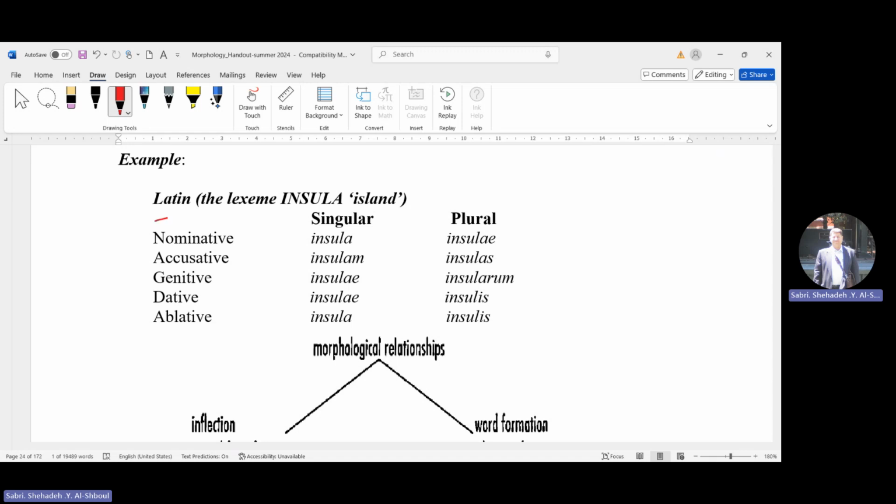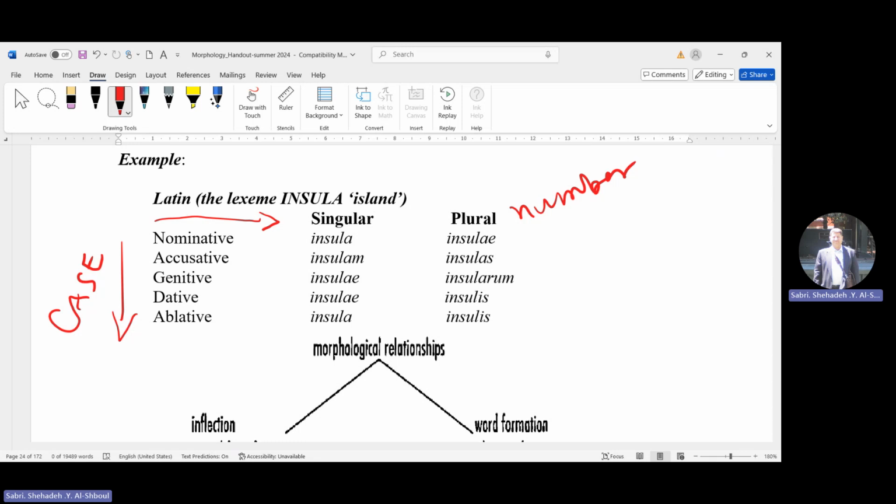I said the horizontal dimension, which reflects number, and we have the vertical dimension, which reflects case. So for every data, we have to show how these two dimensions co-occur to explain the production of a certain form.